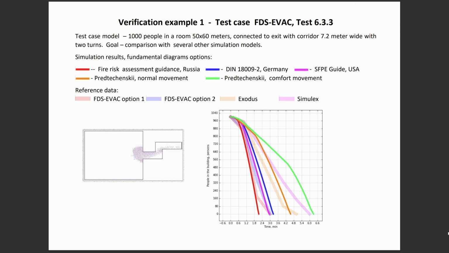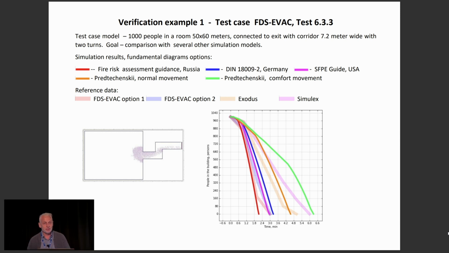As you see on the plot, the difference between the calculation results in the macroscopic model with different speed density functions may be in accordance with the difference of different agent-based evacuation software with different options. So the idea is that the model can be calibrated to the task, but by using the proper speed density function.